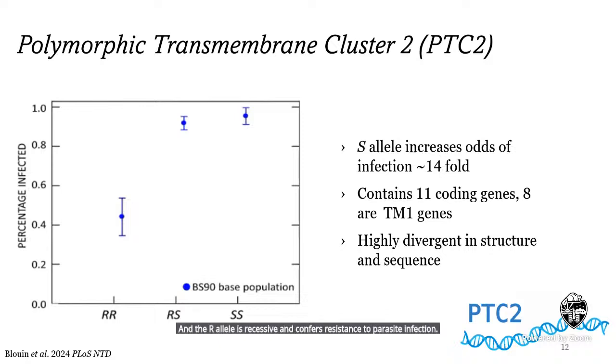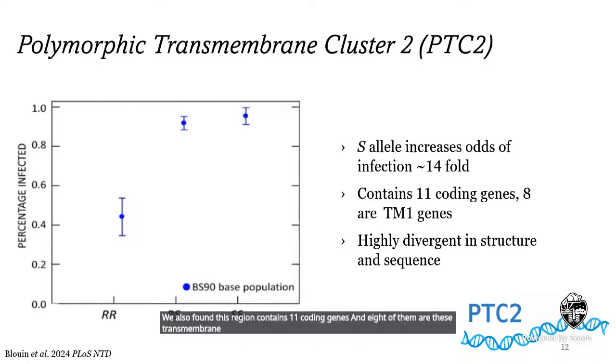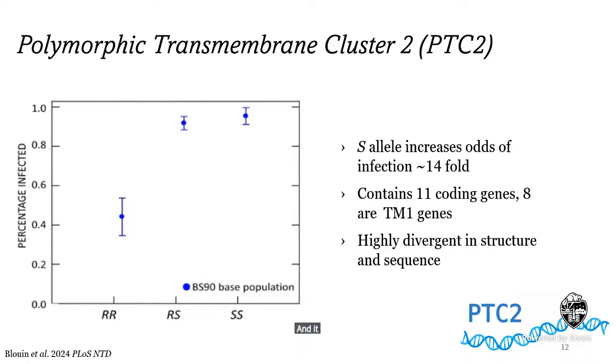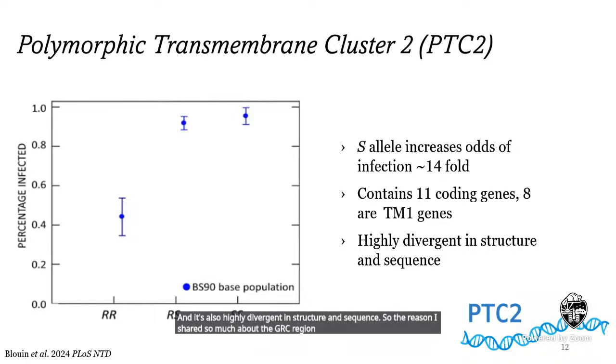We also found this region contains 11 coding genes, and 8 of them are these transmembrane genes. And it's also highly divergent in structure and sequence. So the reason I shared so much about the GRC region is because we think that the proteins encoded by the PTC2 may be functioning in similar ways to the GRC proteins.